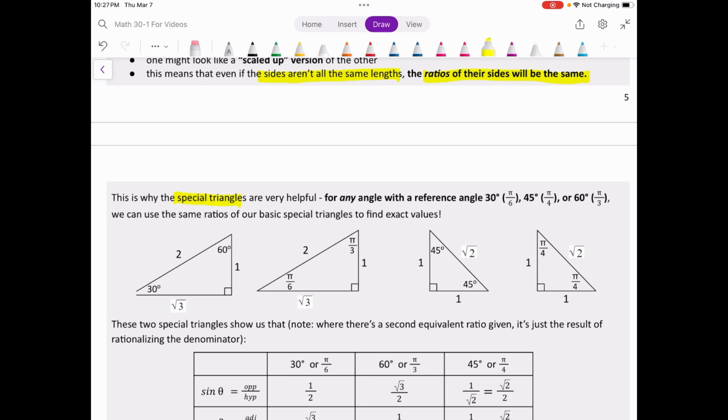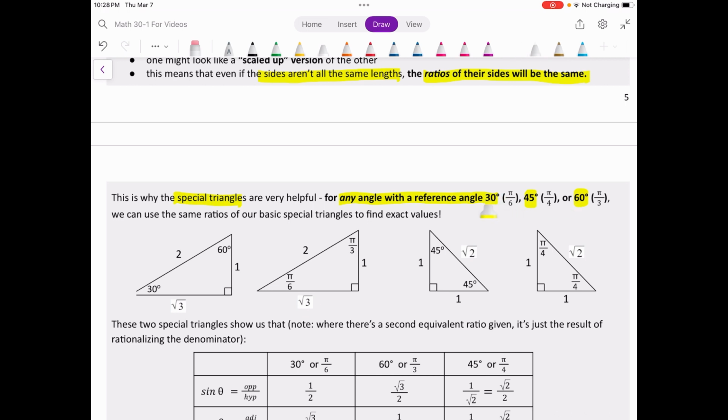Because for any angle with a reference angle of 30, 45, or 60, and there are a lot of angles that have those reference angles, right? In every quadrant, there's an angle with a reference angle of 30. In every quadrant, there's an angle with a reference angle of 45. And in every quadrant, there's an angle with a reference angle of 60.